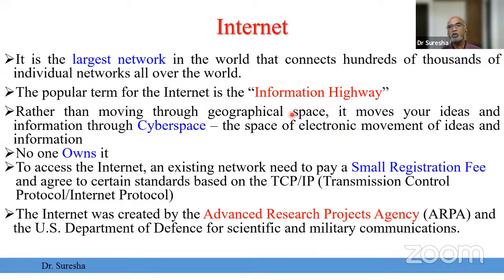Rather than moving through geographical space, it moves your ideas and information through cyberspace. This space is the electronic movement of ideas and information. No one owns it, no proprietary ownership is there. To access the internet on an existing network, you need to pay a small registration fee and agree to certain standards. The internet was created by ARPA, that is the Advanced Research Project Agency, and the US Department of Defense for scientific and medical operations.